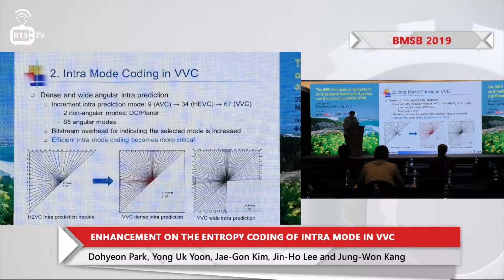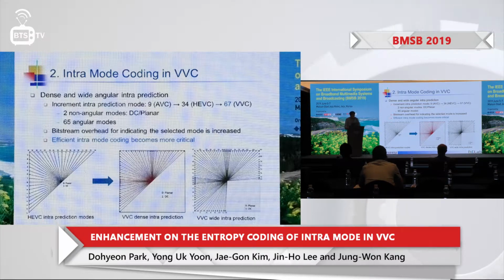The 67 intra prediction modes include 2 non-angular modes, which are Planar and DC mode, and also include 65 angular prediction modes. The figures below show the dense and wide intra prediction in VVC.